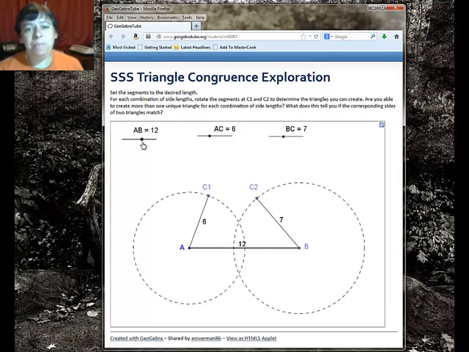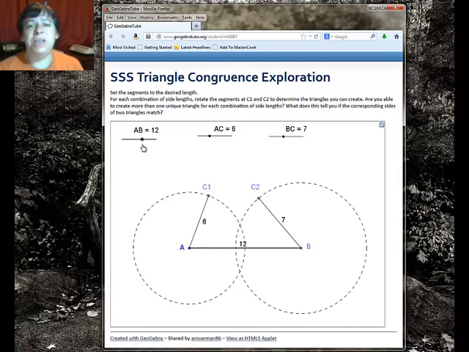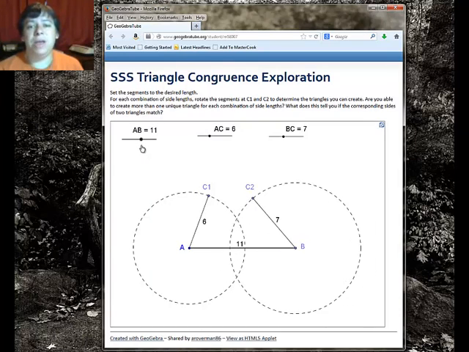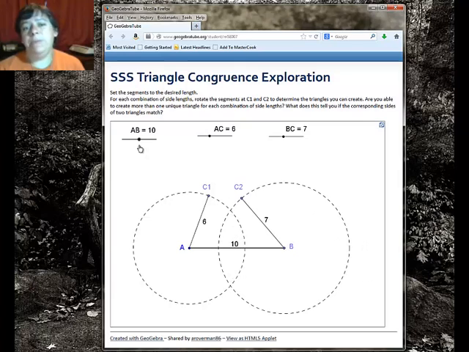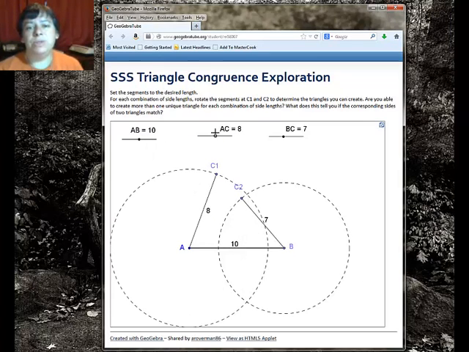So how can I actually see how I can make this triangle? Let me just set this one to 8. Why not? And you can adjust these points to make the triangle connect. Now, one thing I did on purpose is I showed the circles that you can make with these segments.